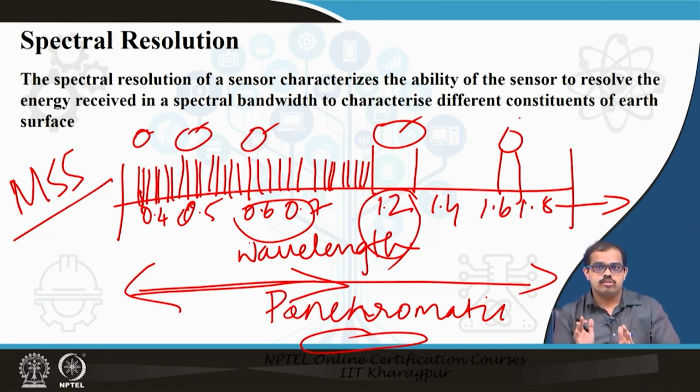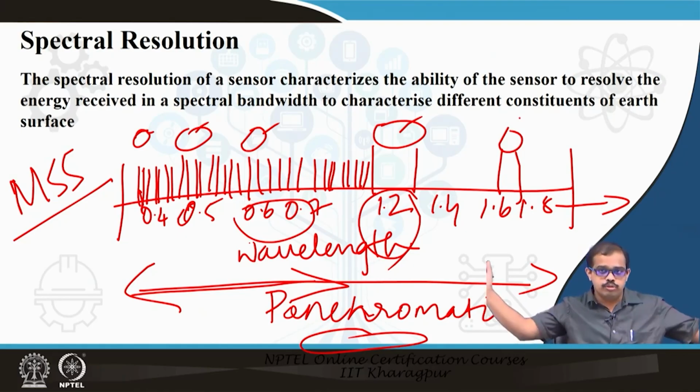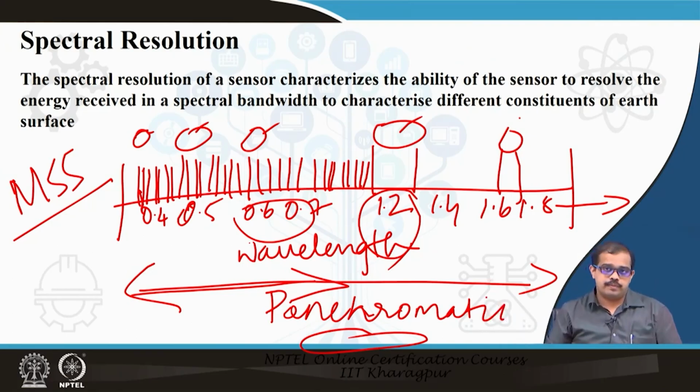So, if the entire spectrum is captured by a single sensor and single band, it is called panchromatic. If the entire spectrum is captured by multiple sensors, it is called multispectral sensors or multispectral images. And if it is captured in narrow spectral bands and you have a huge number of bands, then it is called hyperspectral sensors. This is about the spectral resolution.